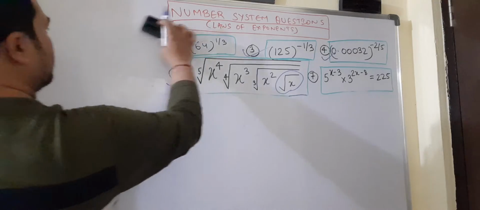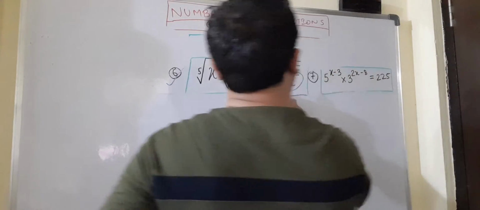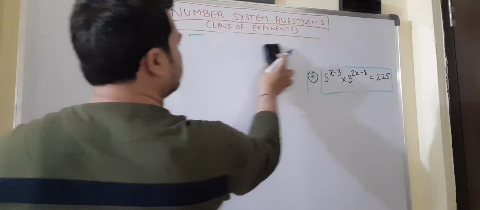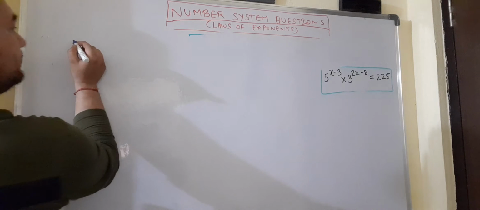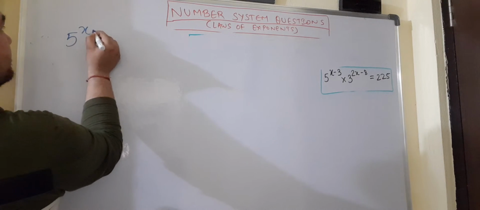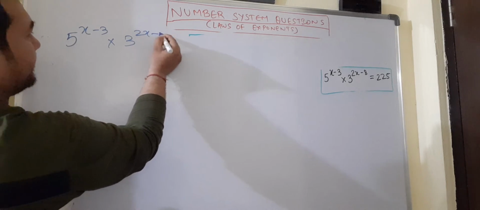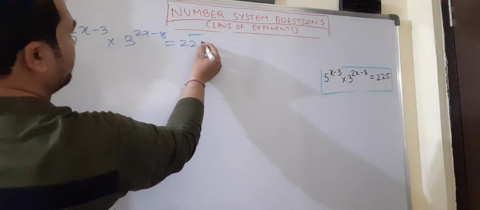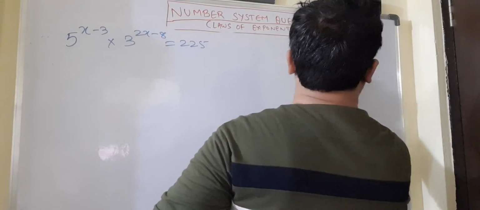All these questions are done and only one question is left. 5 to the power x minus 3 into 3 to the power 2x minus 8 equals 225. This is your question.